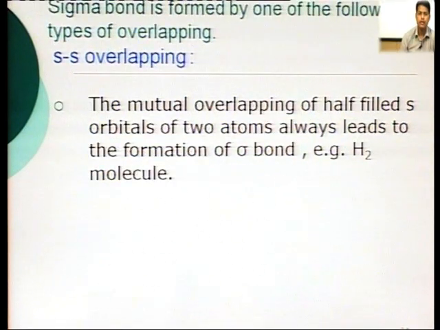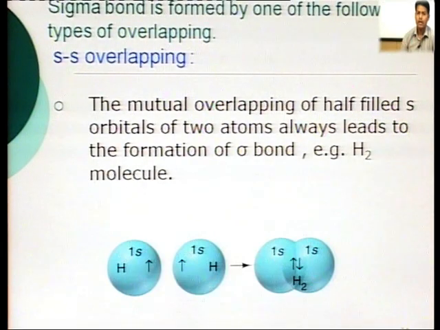An example is ss overlapping. Sigma bond is formed by one of the following types of overlapping: ss overlapping. The mutual overlapping of half-filled s orbitals of two atoms always leads to the formation of a sigma bond. For example, the hydrogen molecule, where the overlapping is on the internuclear axis. The ss overlapping means when two half-filled s orbitals overlap.